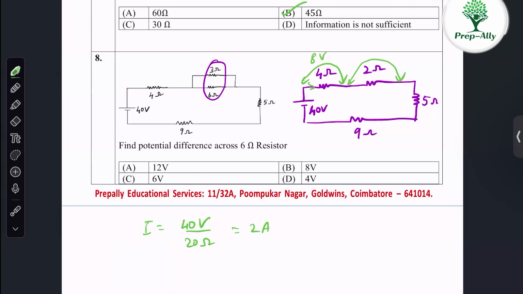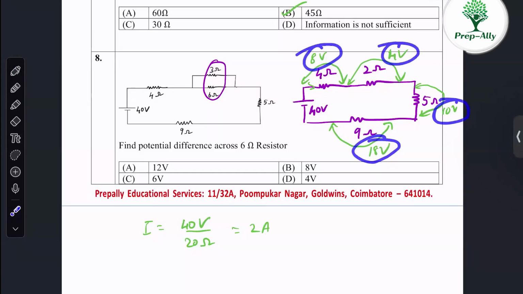The potential drop here will be 2 into 2, 4 volts. Here it will be 2 into 5, 10 volts. And here 2 into 9, 18 volts. If you add everything, 18, 28, 32 plus 8, 40. The 40 volts is distributed in this manner.